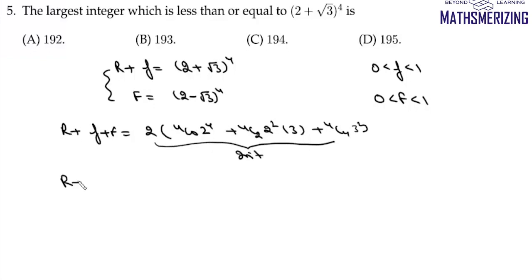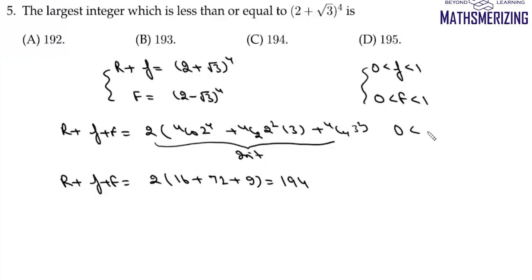So we can write R plus f plus f dash as 2 times, now 2 to the power 4 is 16, this is 6 into 12, 72, and then plus 9, which is 194. Now f plus f dash is between 0 and 2.